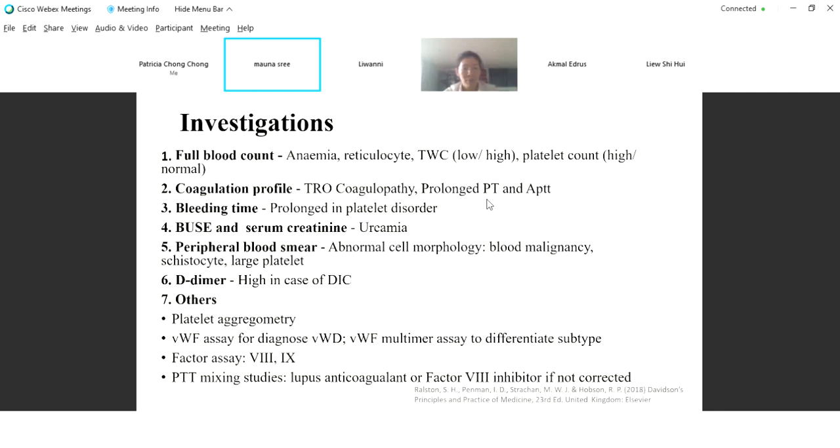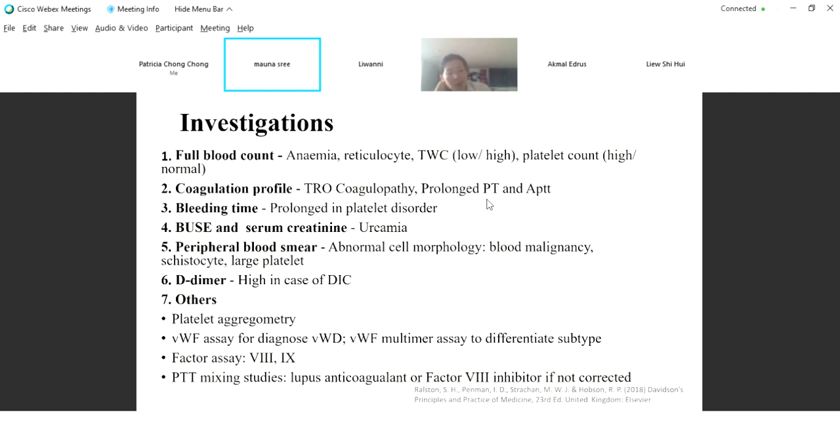For coagulation profile, we have to collect the blood into a citrate tube. The tube will contain citrate in order to prevent clotting and also to neutralize the calcium ion. Bleeding time will be prolonged in bleeding disorders, and BUSE and creatinine are to rule out uremia, because uremia can be complicated with coagulopathy.